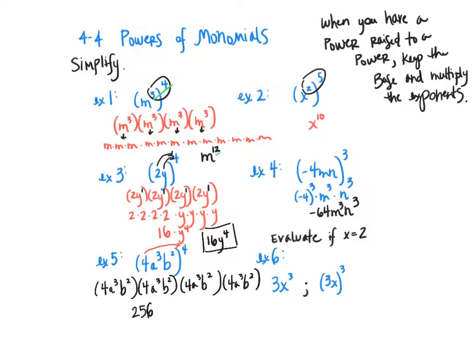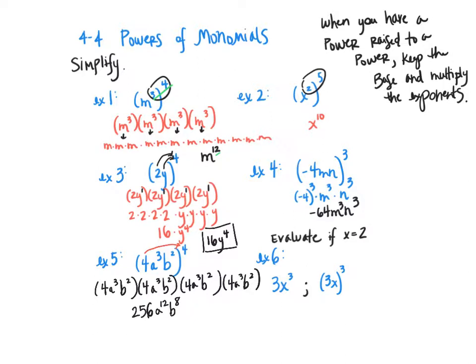And then a to the third raised to the 4th power is going to be a to the 12th, because 3 times 4 is 12, but you can see if you write it out, you're going to get 12 a's. And then b to the 2nd raised to the 4th is going to be b to the 8th. So that's your final answer, 256, a to the 12th, b to the 8th.